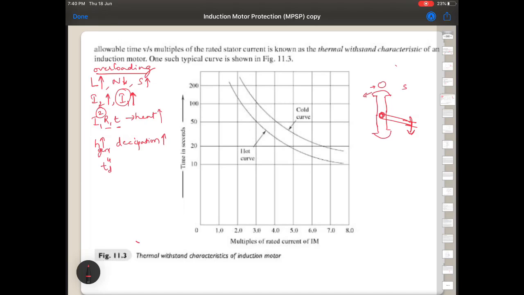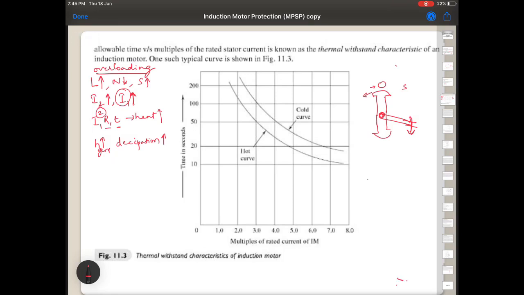If the heat generation is more, then the problem is with insulation. An insulator has a temperature withstanding capability. Beyond a certain temperature it breaks down. You can call it avalanche breakdown or thermal breakdown. You will have to pass the current below that heat or temperature.